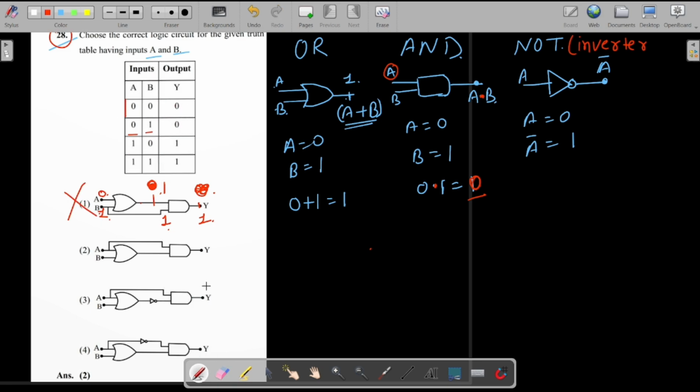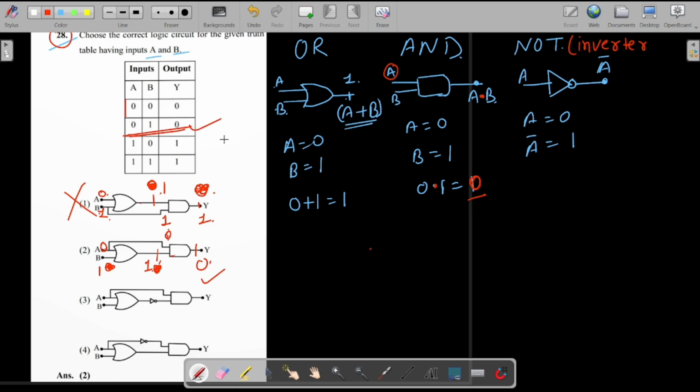Now let's see option 2. A is 0 and B is 0. Now 0 plus 0 is 0, and 0 into 0 is 0. Yes. Next row, 0 and 1: 0 plus 1 is 1, and this is our AND gate, so 0 into 1 is 0.